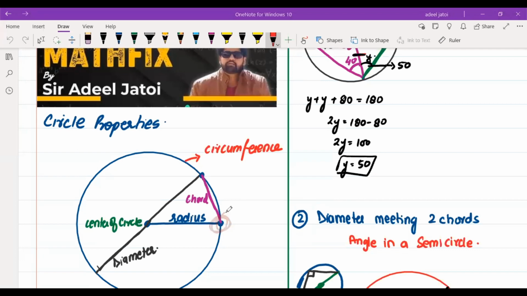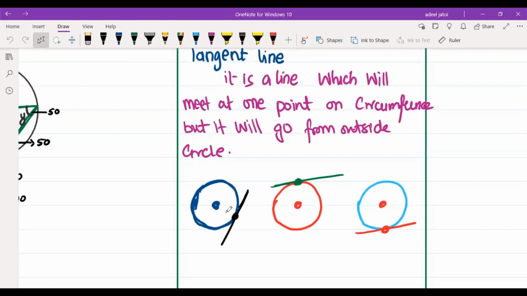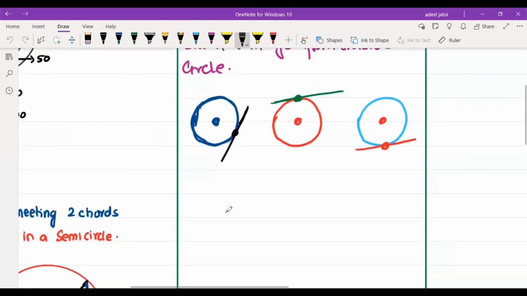So looking at the concept of this, you need to understand what will be the radius and the tangent property. Your radius and the tangent property will be your third property, where radius meets tangent.